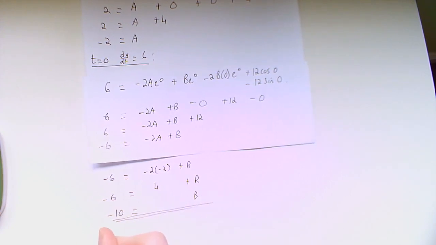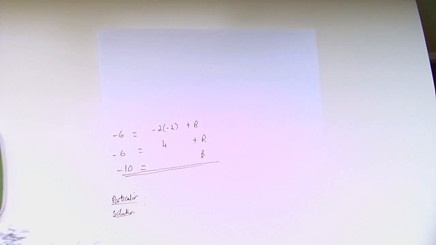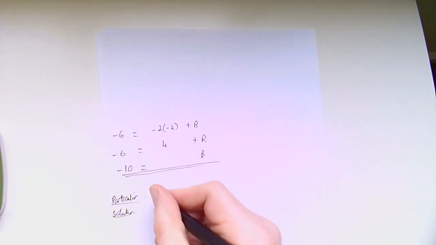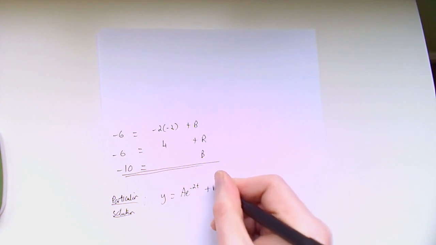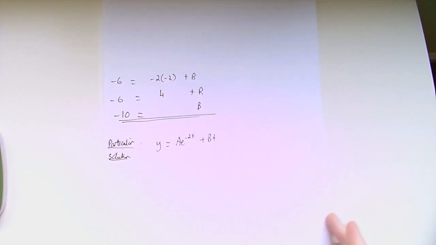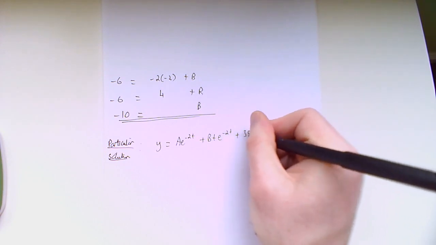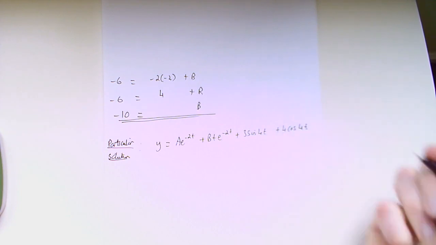So we're left finally with what we spent the whole time trying to do, and that is our particular solution. So we get our general solution back up, which was up here, top of the page. This is our general solution here. So that was y equals ae to the power of negative 2t plus bt e to the power of negative 2t plus 3 sin 4t plus 4 cos 4t.